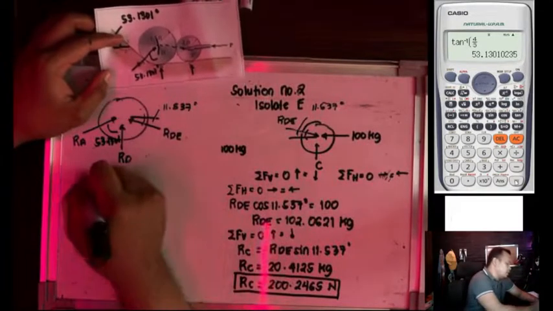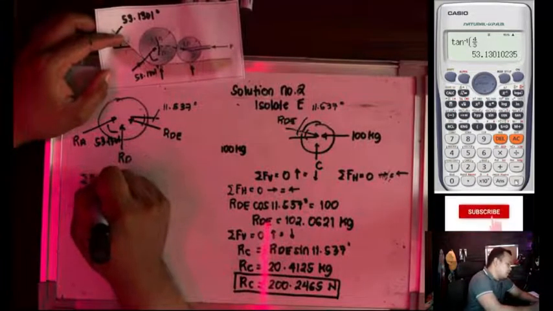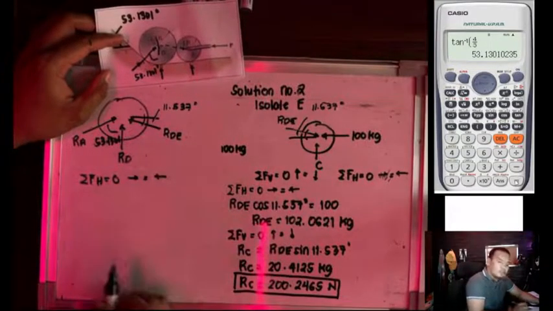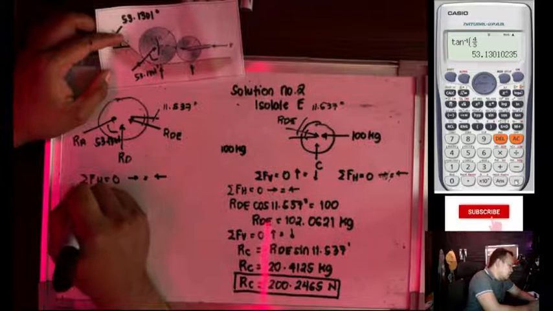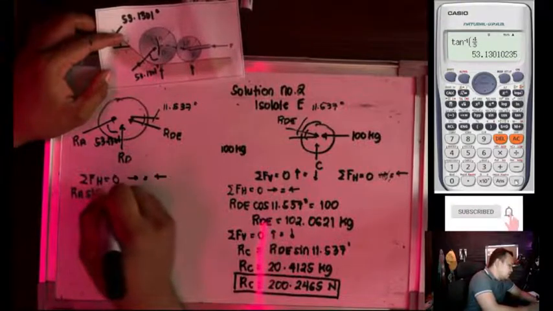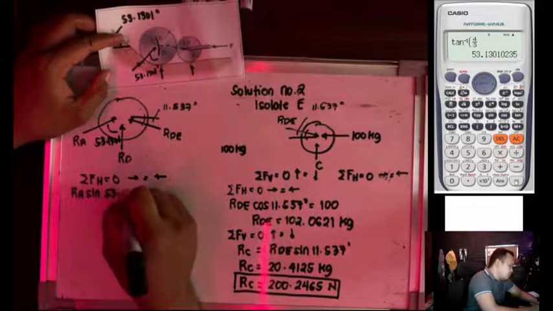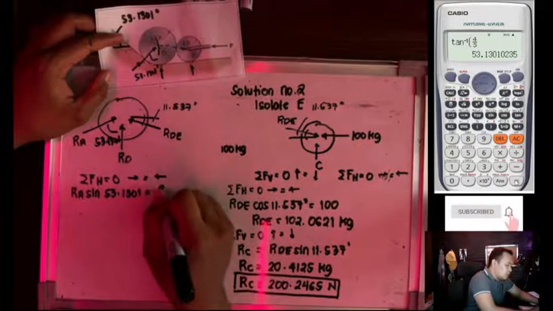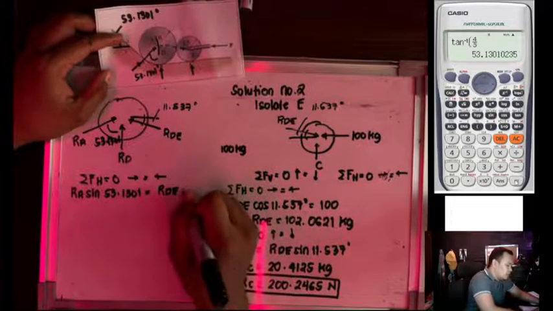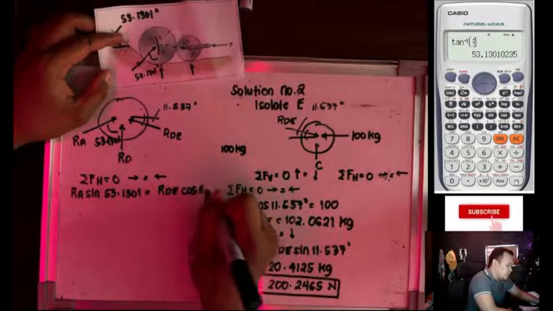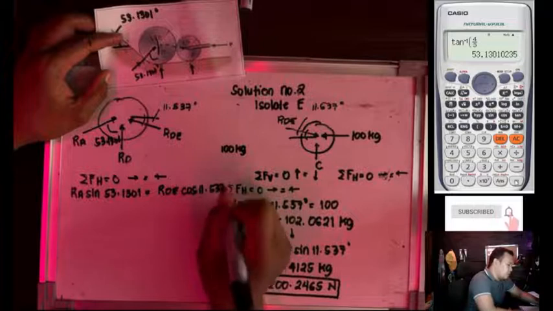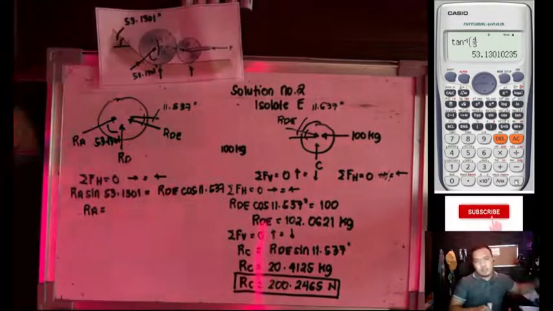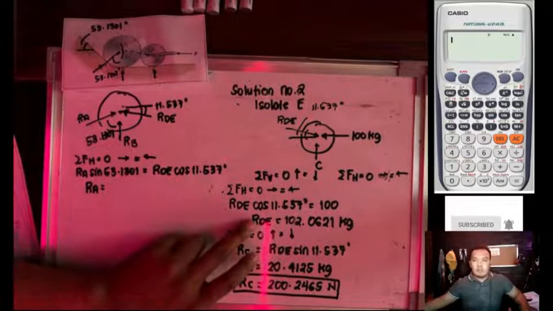Okay? So let's use the calculator. Summation of forces horizontal again is equal to 0, this side equals that side. So RA sine 53.1301 is equivalent to RDE cosine 11.537. So RA is equivalent to, going directly to the calculator, 102 kilograms.